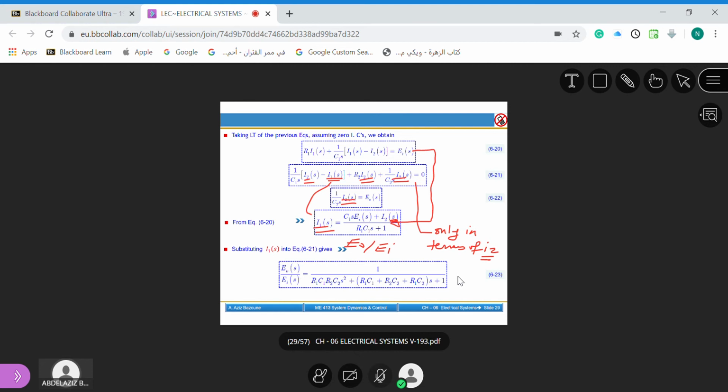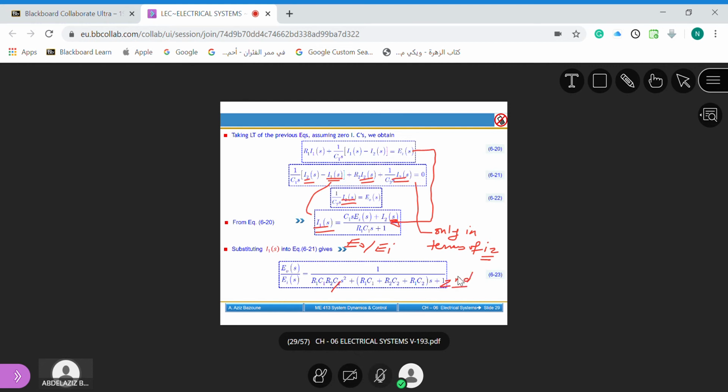E naught over EI will be 1 over R1C1R2C2 S squared, second order, plus R1C1 plus R2C2 plus R1C2 S plus 1. So this is a second order transfer function.